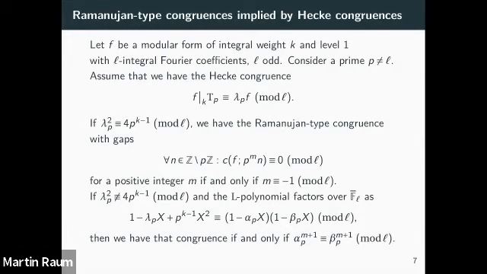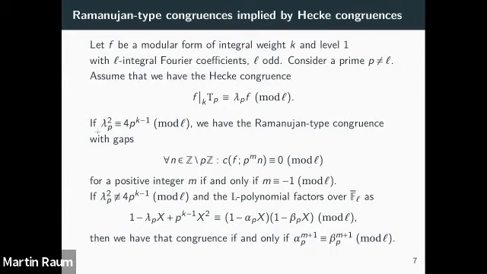So let F be a modular form of integral weight k and level 1. And then we use the ℓ-integral Fourier coefficients, and we need that ℓ is odd. So if we have a prime p that is not ℓ, and we have a Hecke congruence for our F, so F | _k T_p is congruent to λ_p F mod ℓ, then we have two cases.